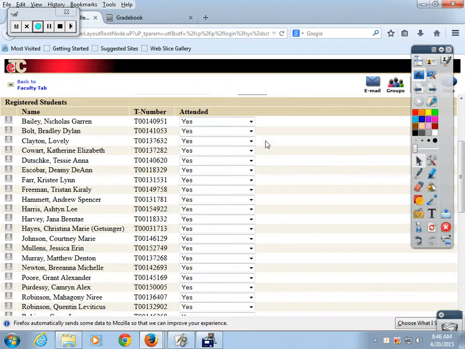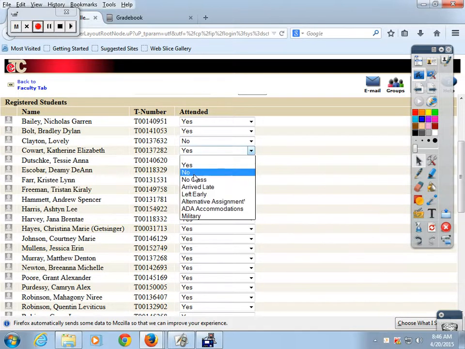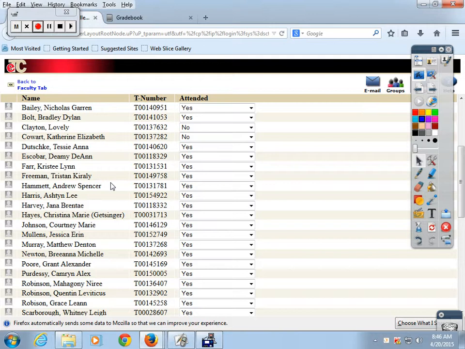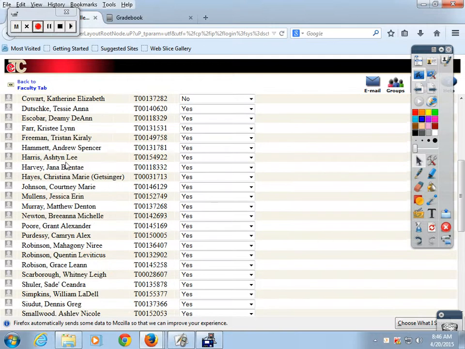Alright, Bailey, good. Bolt, good. Clayton, Cowart, Dutchke's here, Escobar, Barr, Freeman, Hammett, Harris, Harvey, Hayes, Johnson, Mullins.